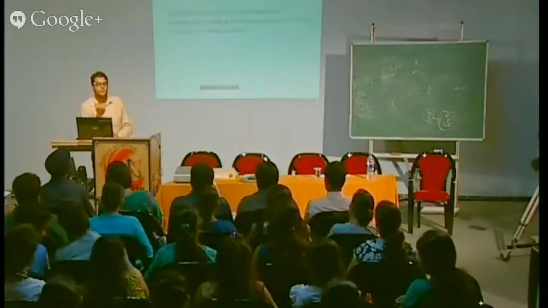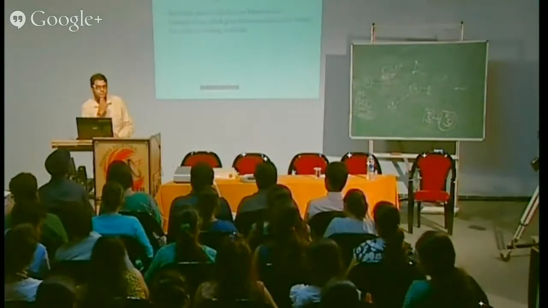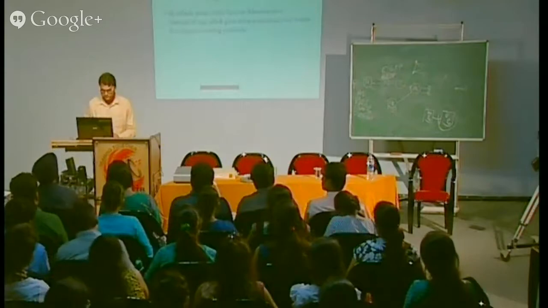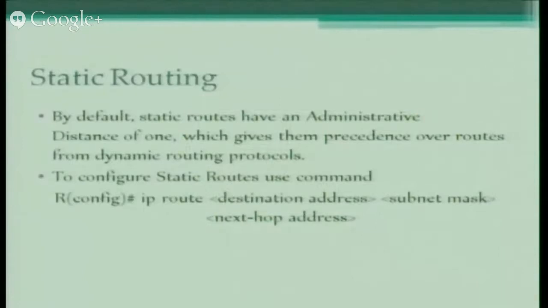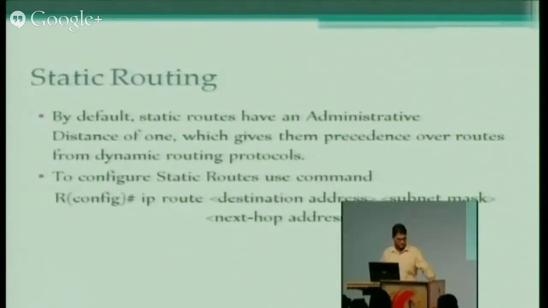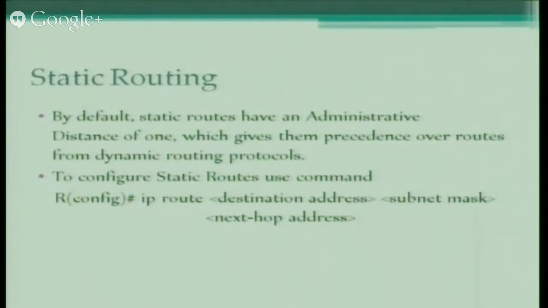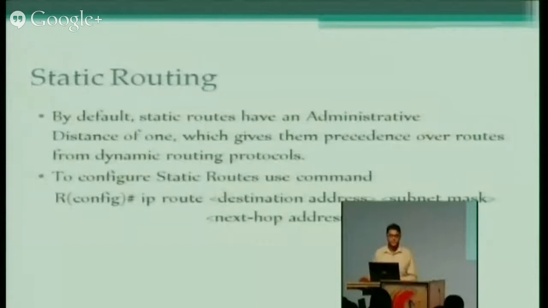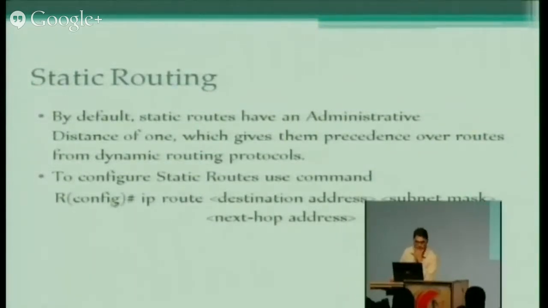You can please ask me, because from now onwards we'll be heading towards the configuration part. Okay, to configure static routes, please note down the syntax. In the global configuration mode, you can see this is config.